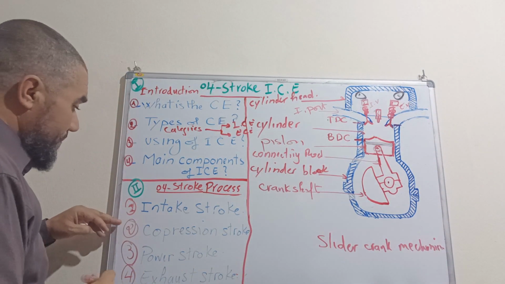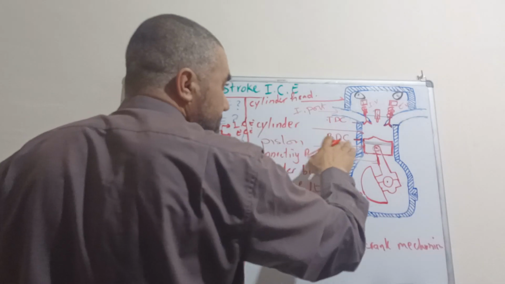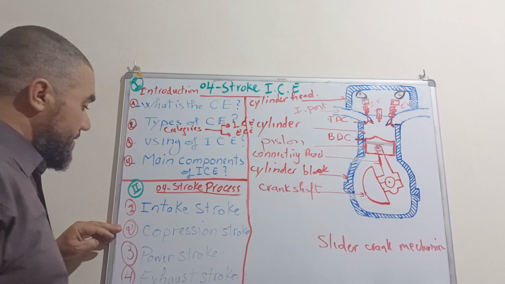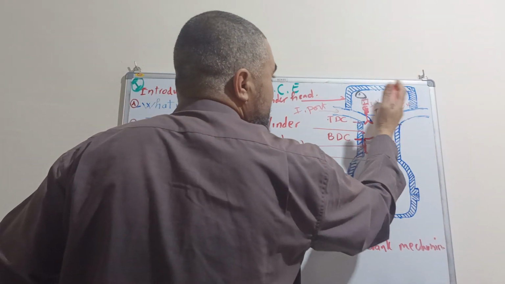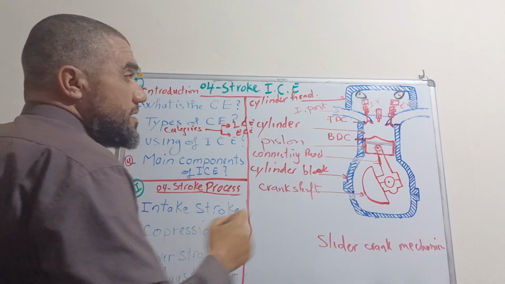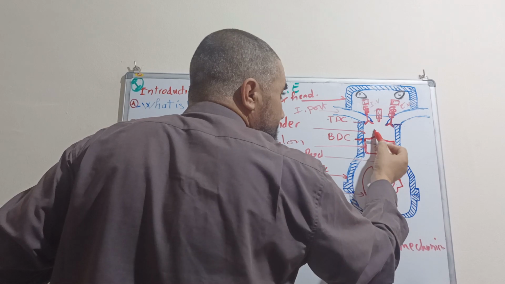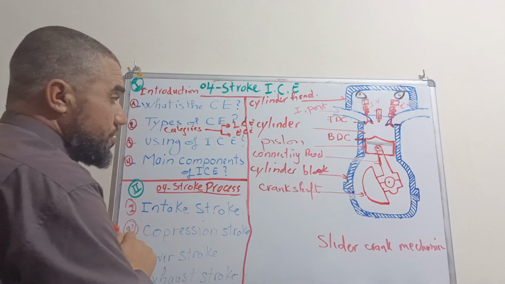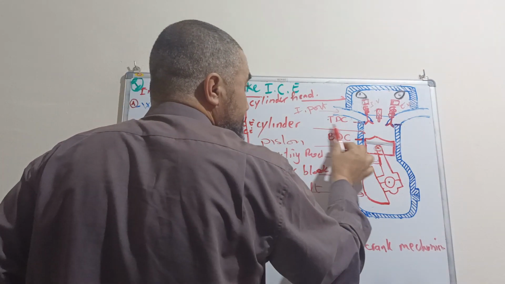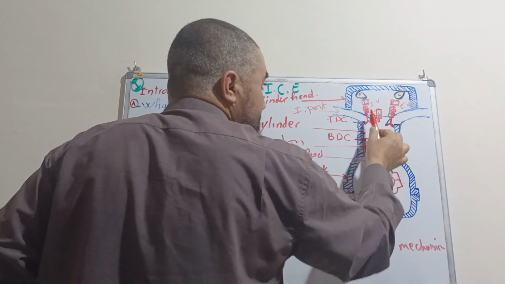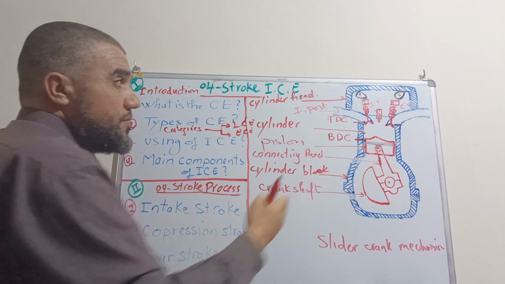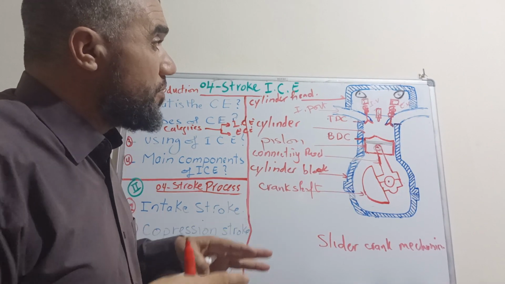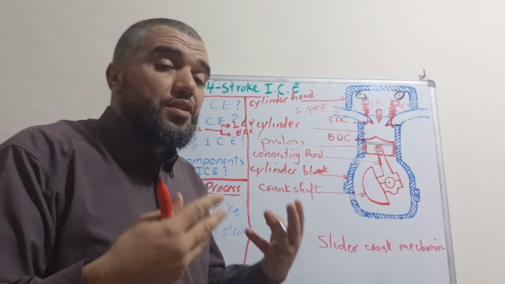This is the intake stroke. When the piston reaches BDC, the piston turns back and moves up. As the piston moves up, both valves are closed, and the fresh air gets compressed. This is the compression stroke. When the piston reaches TDC, the fuel injector, in a diesel engine, supplies the fuel in atomized form.